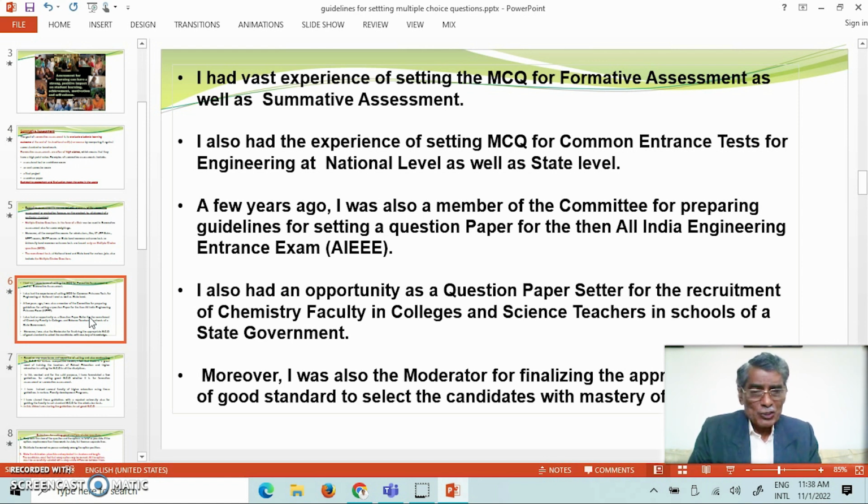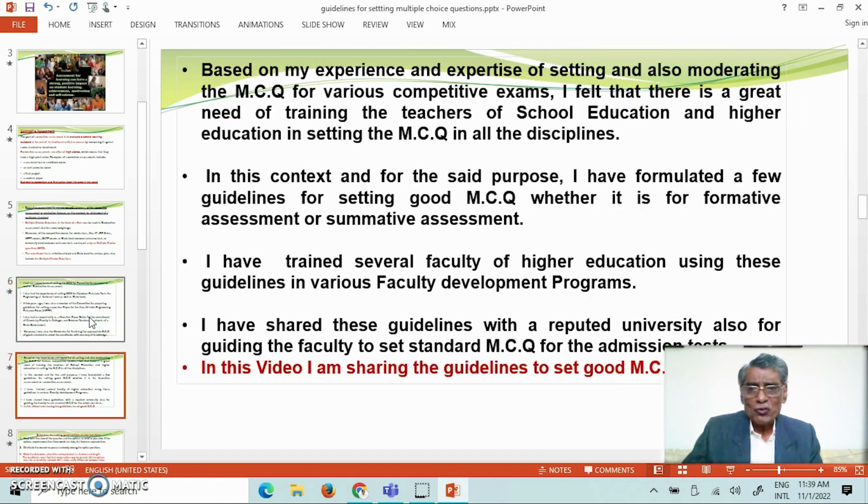Moreover, I was also the moderator for finalizing the appropriate MCQ of good standard to select the candidates with the mastery of knowledge. Based on my experience and expertise of setting and also moderating the MCQ for various competitive exams, I felt that there is a great need of training the teachers of school education and higher education in setting the good MCQ for all the disciplines.